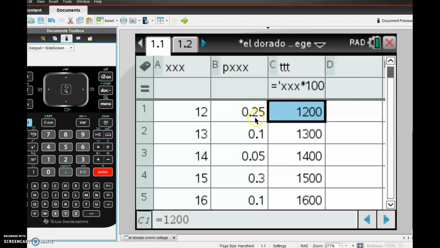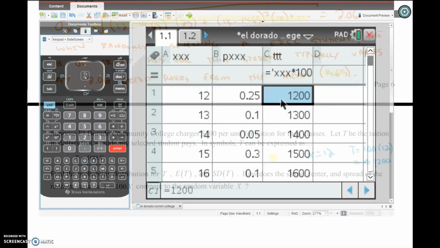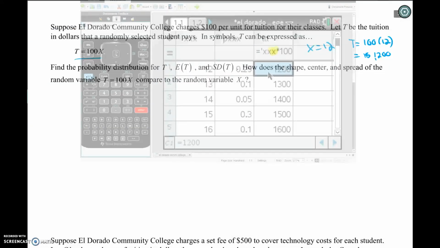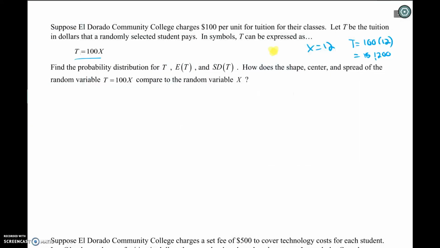So I have a new probability model where my t's were all of my x's multiplied by 100. But I don't really have to put this in the calculator and rerun the program. I can just find the mean, expected value, and standard deviation. So find the probability distribution for t.